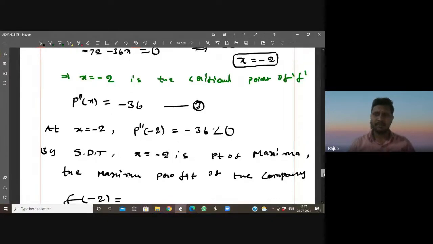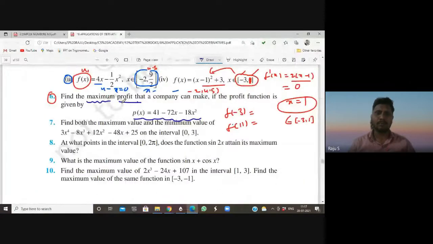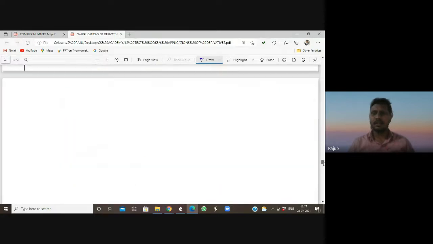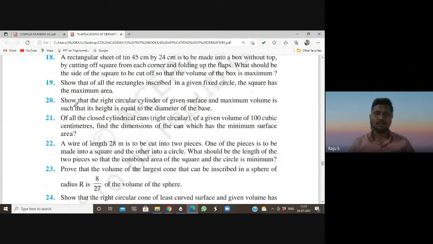So whenever the question is a word problem like this, maximum profit, minimum profit, like volume, area of the curve, next question, to show that the right circular cylinder, like this. These word problems are very, very important.